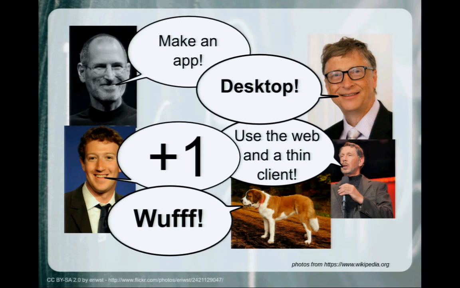He says, sure, make a desktop application for Windows. We have Larry Ellison. He would say, we need a thin client, so make a web application which communicates to the server. And then we have Mark, just saying +1. And we have the boatman, and okay, let's skip this.